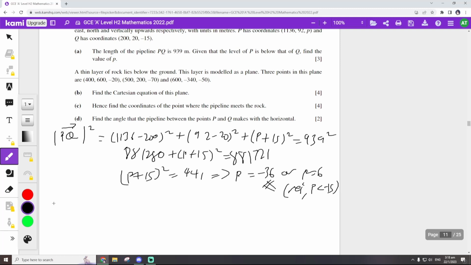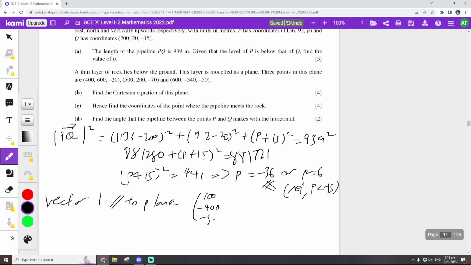So vector 1 parallel to the plane is, I'll take the second point minus the first point, so I get 100, negative 400, and negative 50.